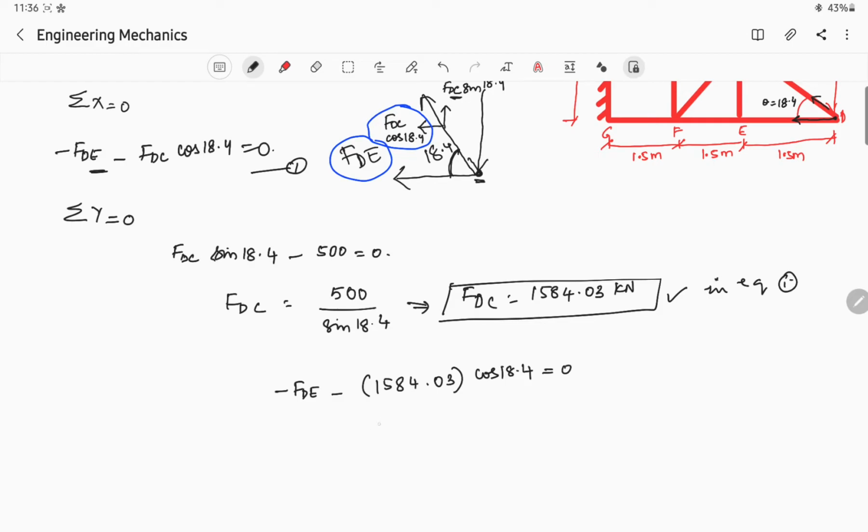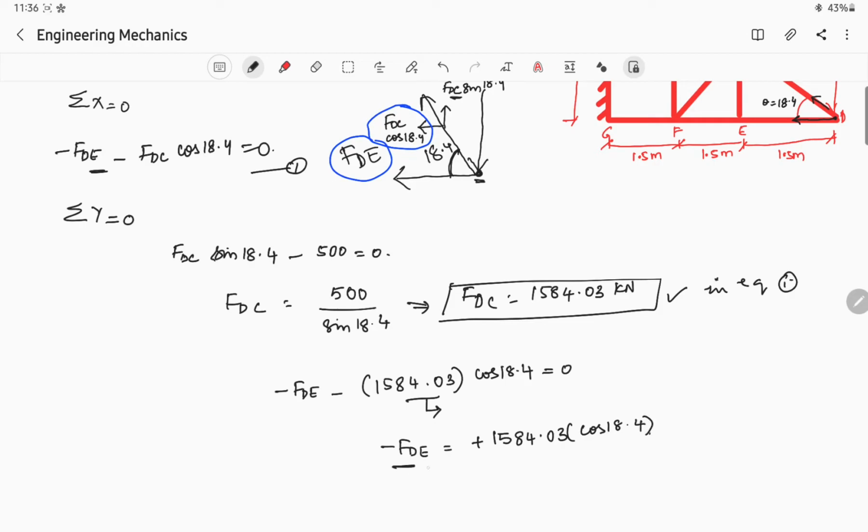Okay, so if you simplify, we'll send this value towards the right hand side. So minus FDE is equal to plus 1584.03 into cos 18.4.